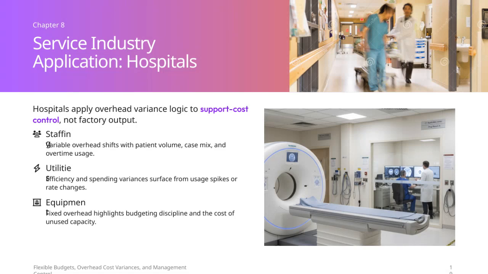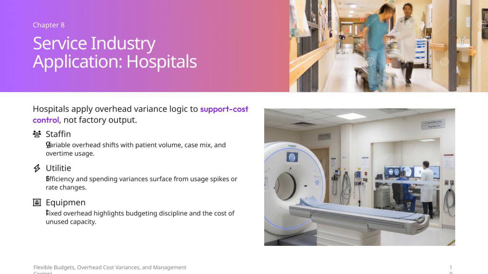In hospitals, overhead variance analysis is used primarily to support cost control rather than to measure factory output, which is quite different from manufacturing settings. When we look at staffing, variable overhead costs tend to fluctuate with factors like patient volume, the mix of cases being treated, and even overtime hours. For utilities, any spikes in usage or changes in rates can create noticeable efficiency and spending variances that need to be monitored carefully.